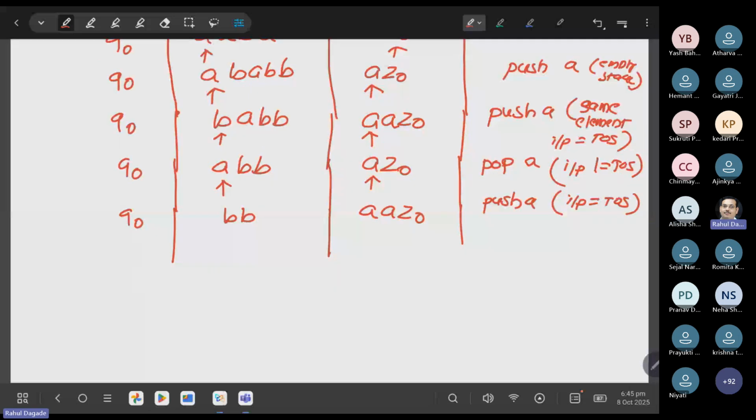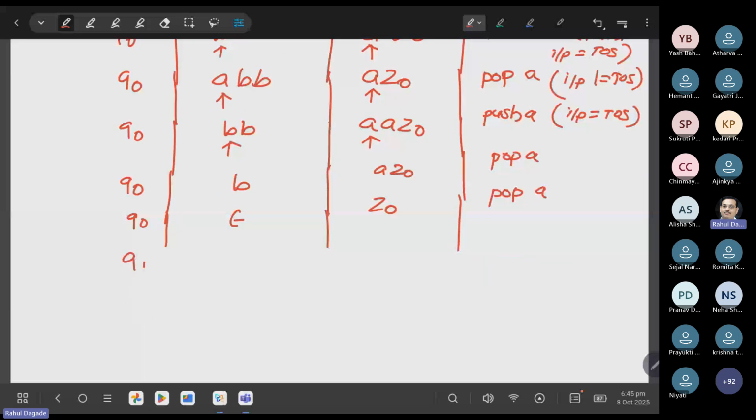Now B is the input, A is on stack. So both are different, so pop it. So Q0, remaining input is B, pop A, Z0. So our operation is pop A. Then again Q0, B is the input. So B input is consumed, null, and A is popped from stack, Z0. So our operation is pop. Now when null is the input and Z0 on stack, we come to Q1 state, null Z0 and keep the stack, or it is a peek operation.